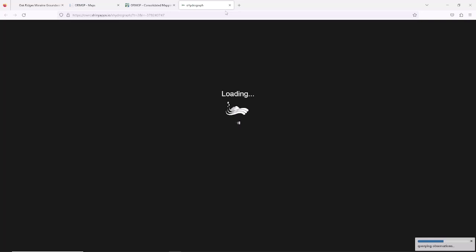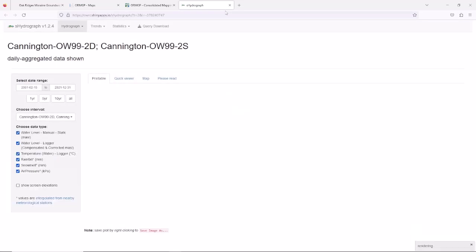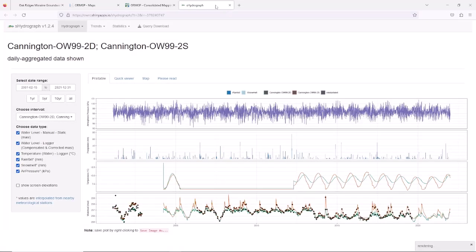And this is similar to what we saw earlier when we looked at introducing the concept of looking at groundwater level data. So we can see up top, we've got Cannington OW99 2D and 2S. We've got a number of graphs shown: atmospheric pressure, precipitation, which includes the breakdown between rainfall and snowfall or snow melt.